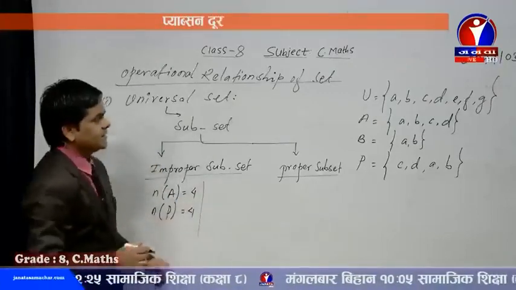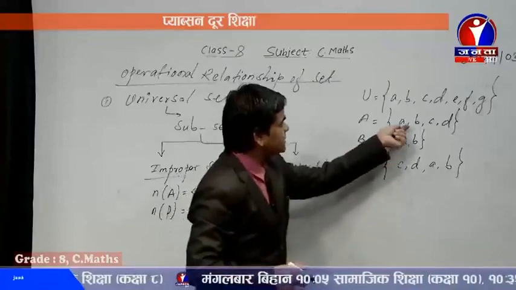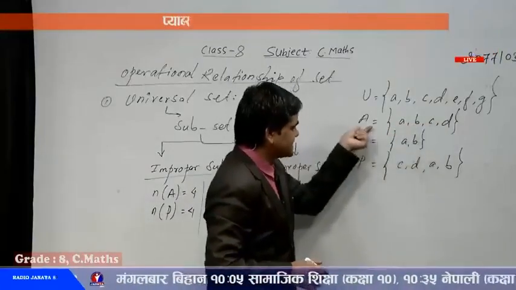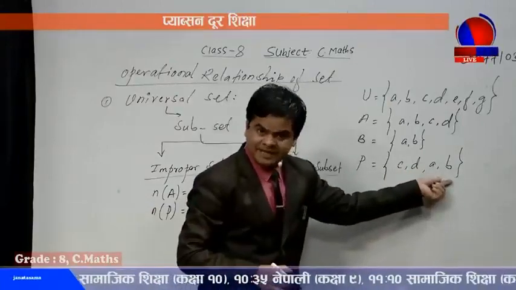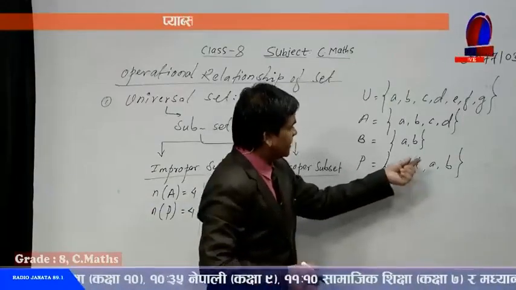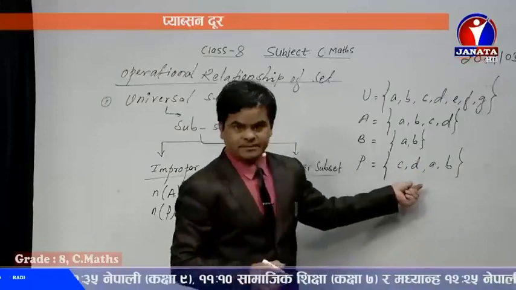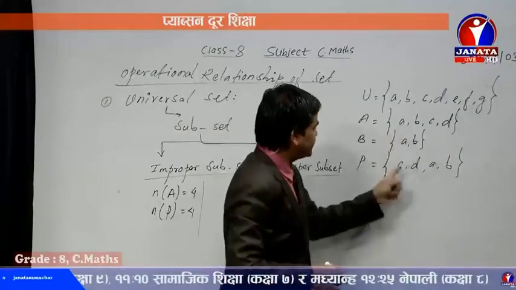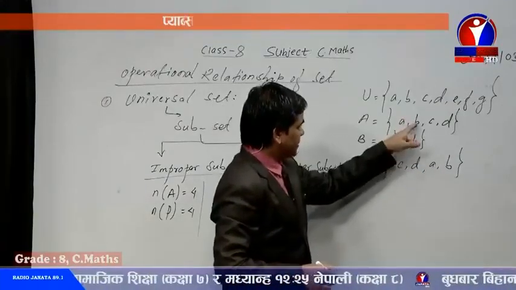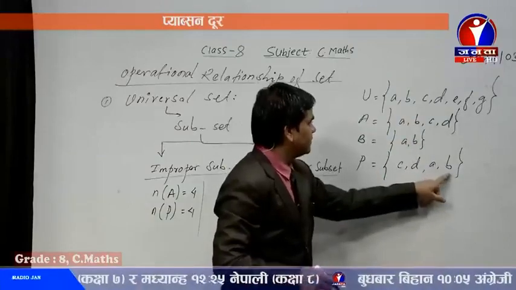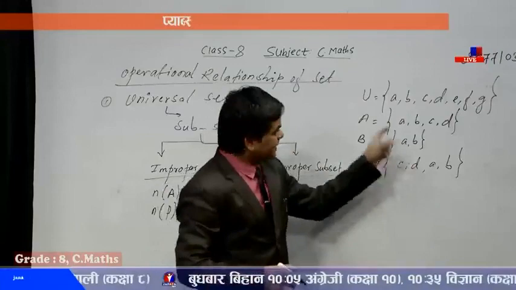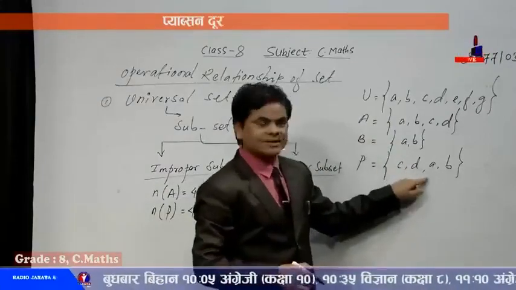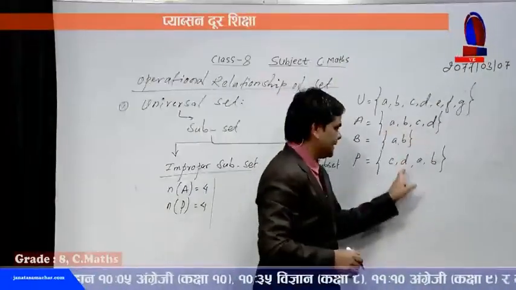Another thing is, dear students, look here. The elements which are present in set A, exactly those elements are present in set P as well. Although they are kept in different positions, the position of A is here, the position of B is here, they are also contained in set P. So if it happens so, then they are the same.